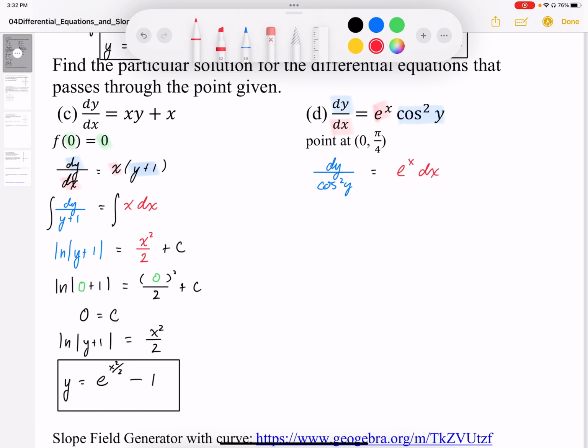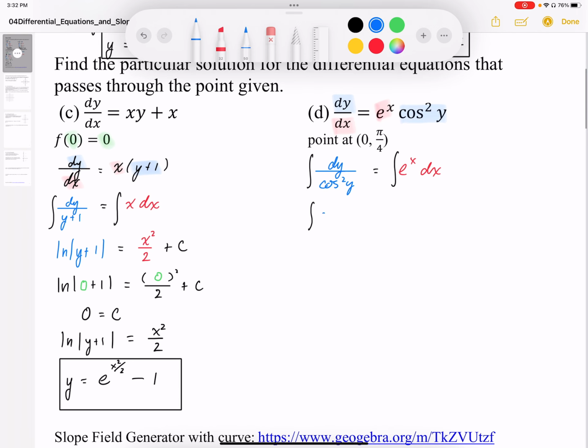So the integral of e to the x dx is pretty straightforward, but to integrate 1 over cos squared y is a little bit complicated because we don't really have a way to anti-differentiate that. So we have to recognize that cos squared in the denominator is really secant squared, and we do have an antiderivative for secant squared.